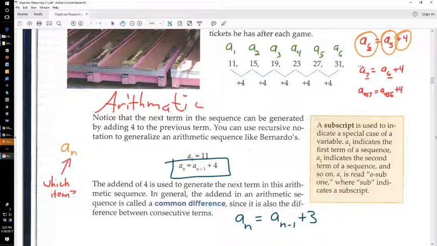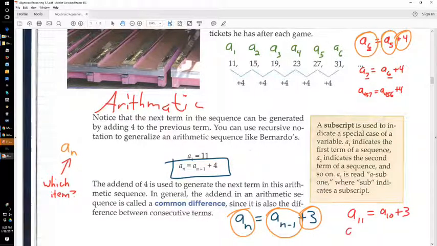So if I wanted a sub 11, I take a sub 10 and add 3. Well, a sub 10 was 31, if you remember. That equals 34.